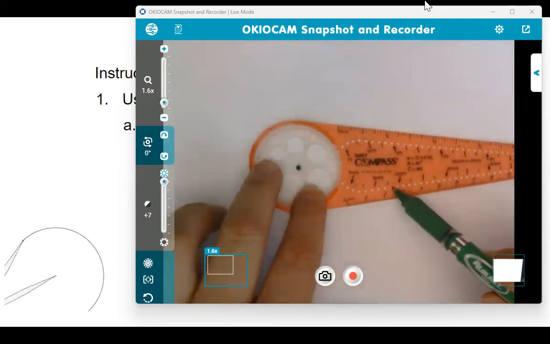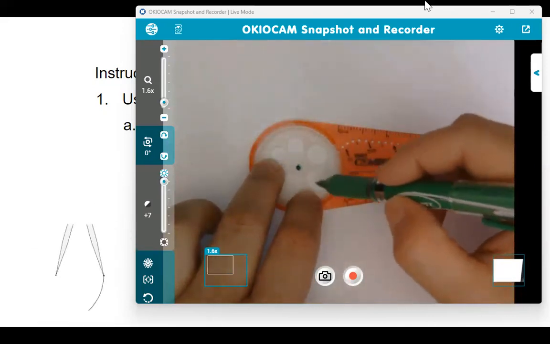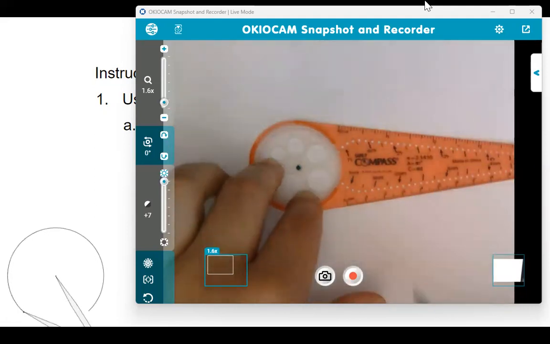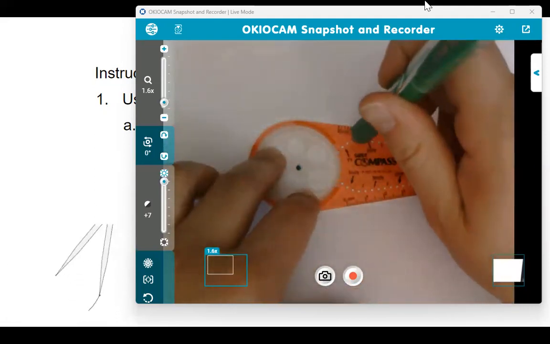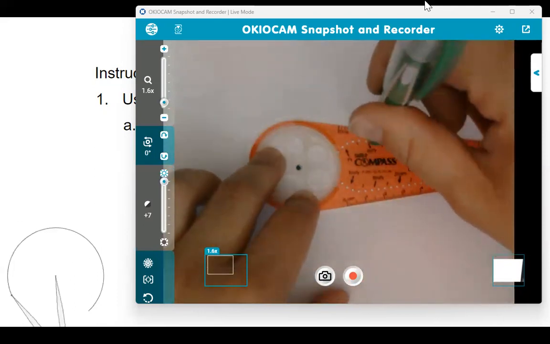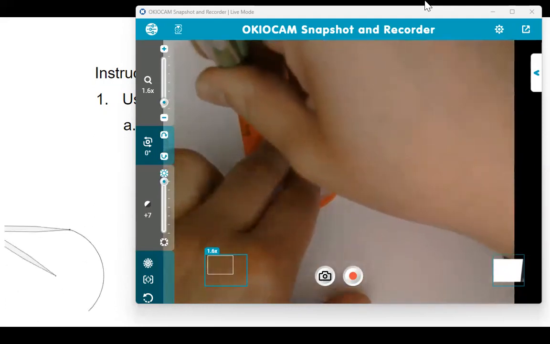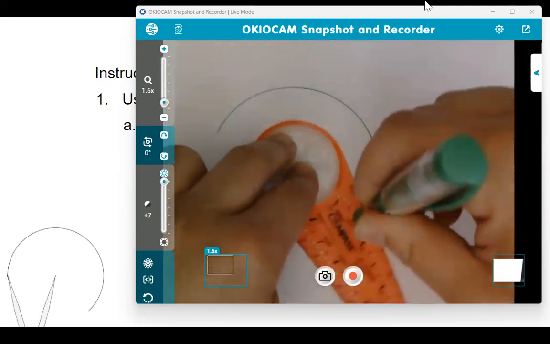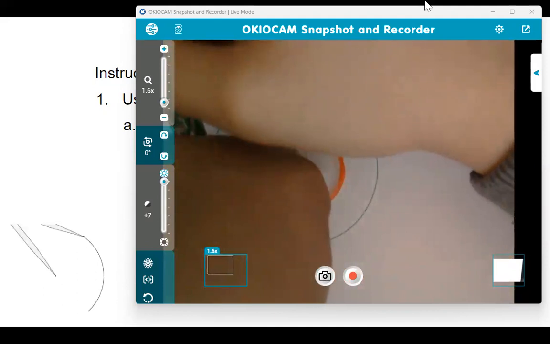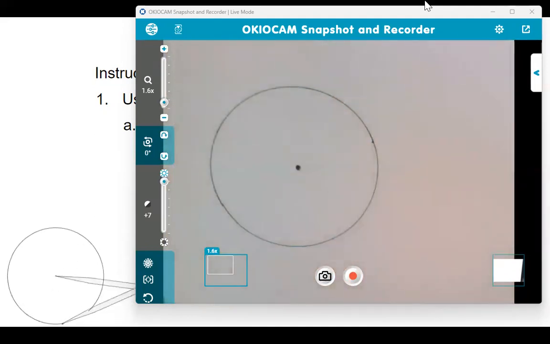Not these, because we need a center, and they're too tiny; we can't see from those. We're going to draw a bigger one. I'm going to pick right here, and I'm going to rotate it so I can create the perfect circle. It's beautiful. Look at that. I created a circle.